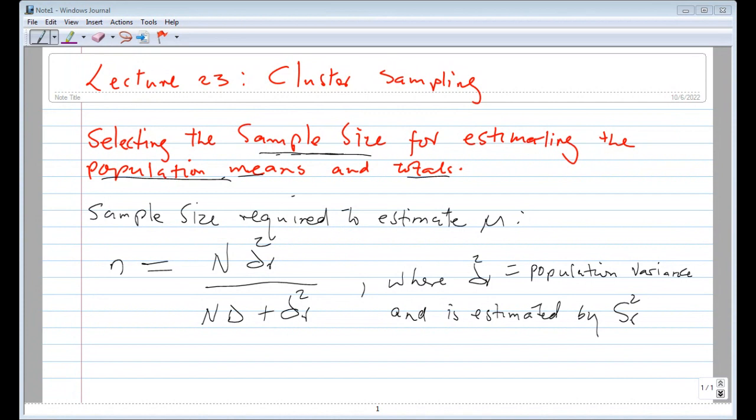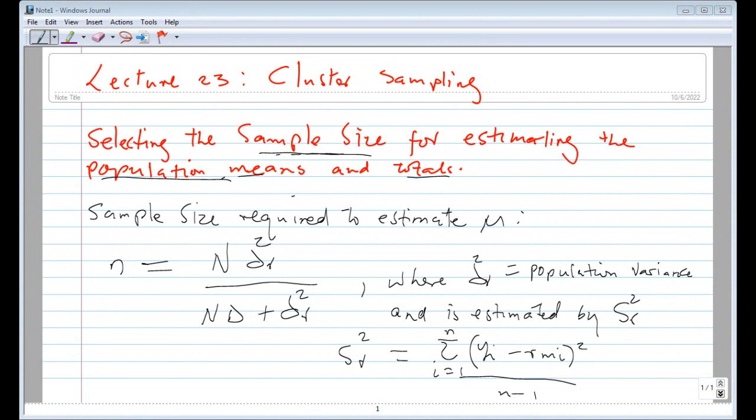That's the sample variance under cluster random sampling. So now s_r squared is equal to, if you know, summation of yi minus r mi, then you square it, then you divide it by n minus 1. And remember, i is ranging from 1 up to n.